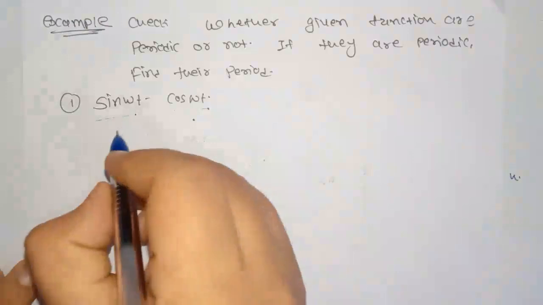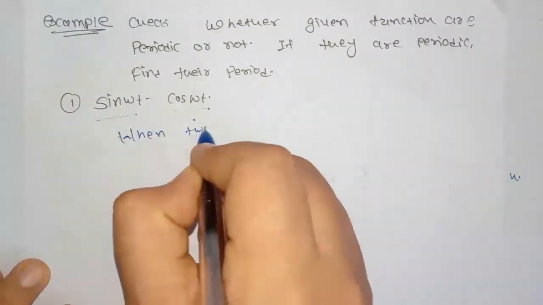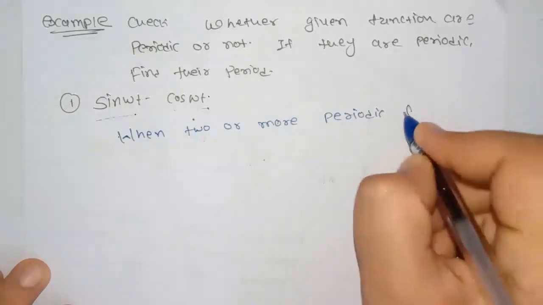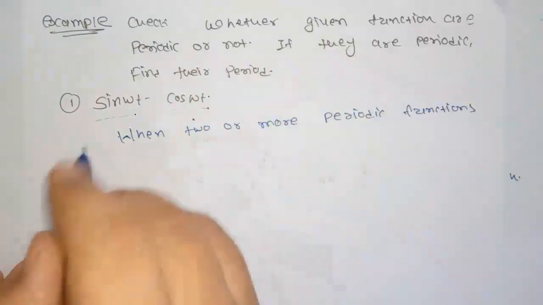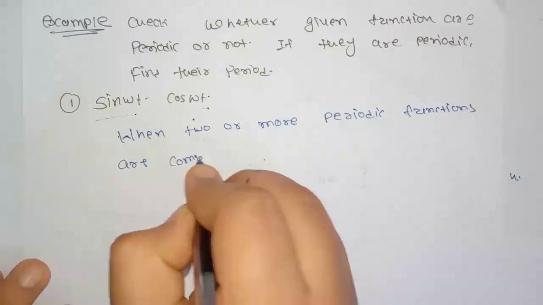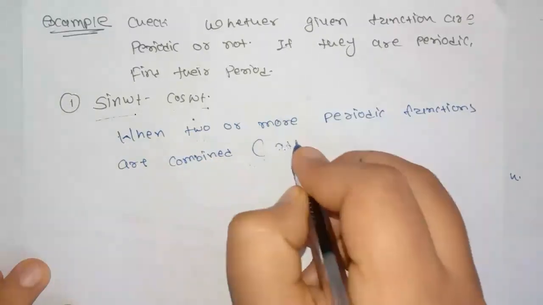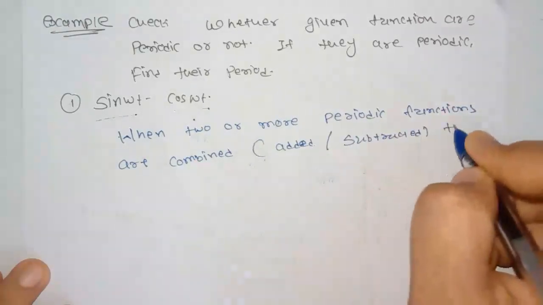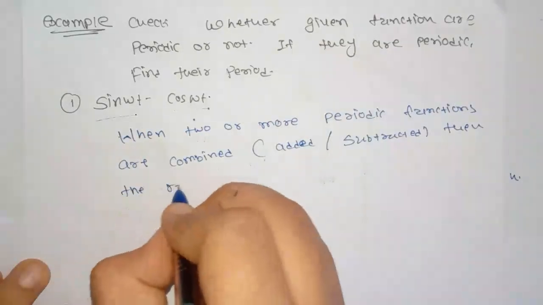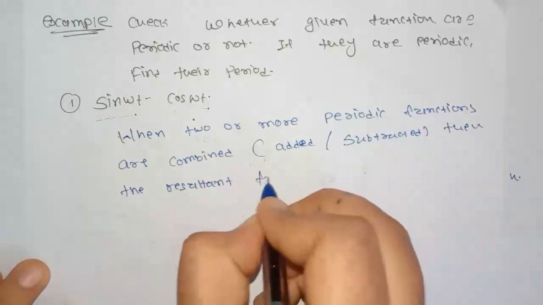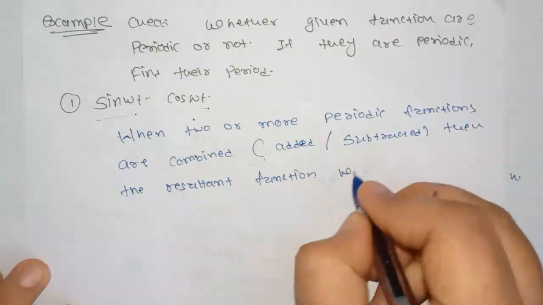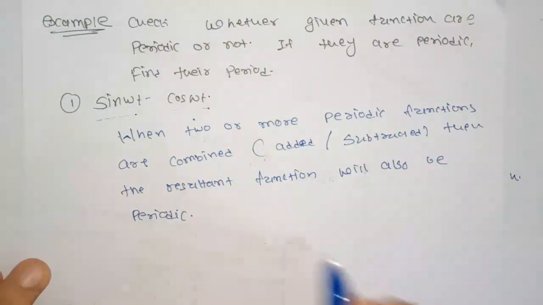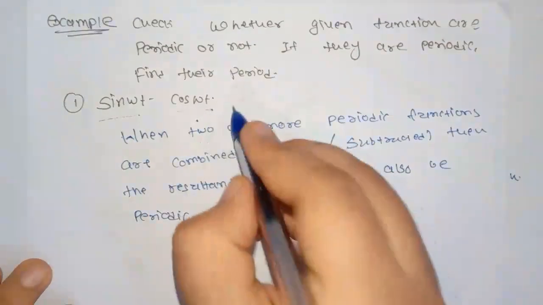So let us write down: when two or more periodic functions are combined, that is, they are added or subtracted, then the resultant function will also be periodic. So this function is periodic.